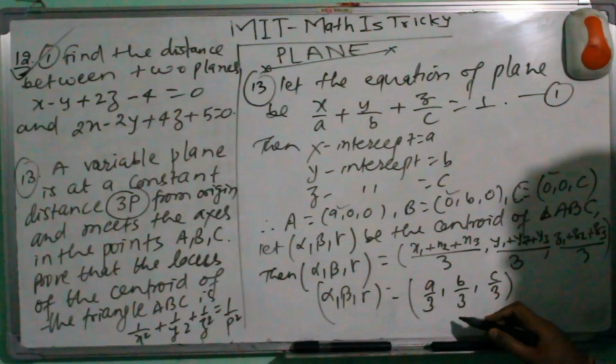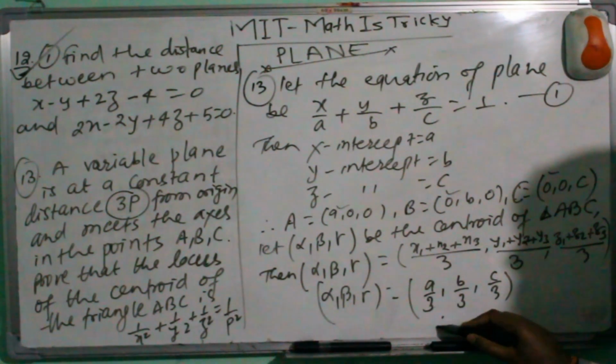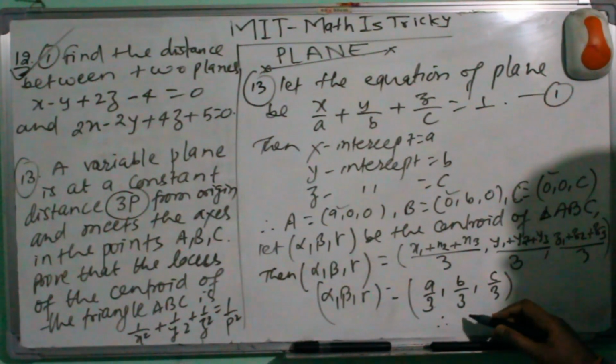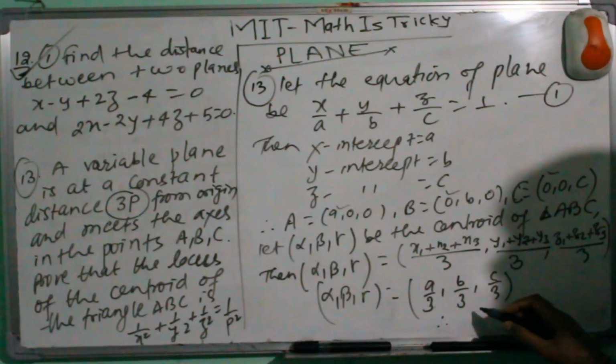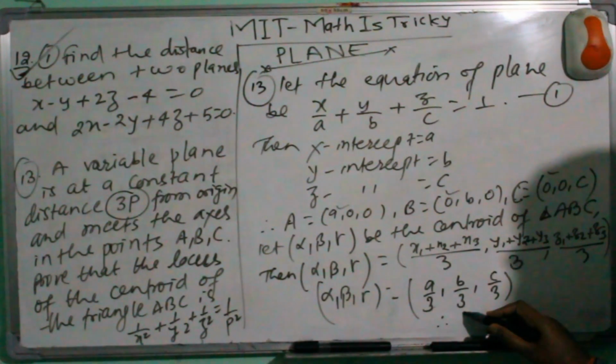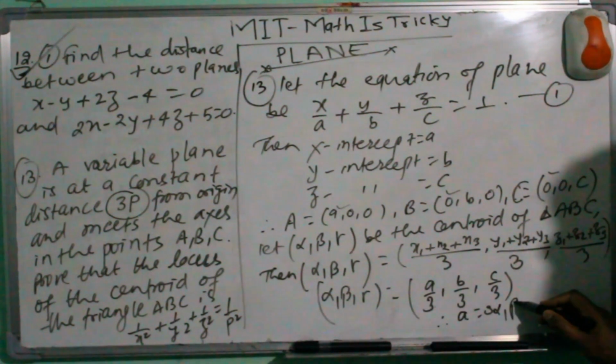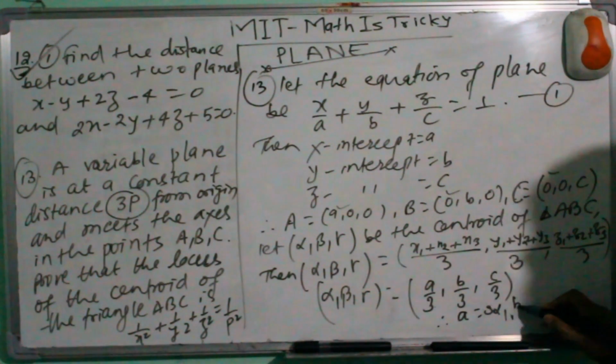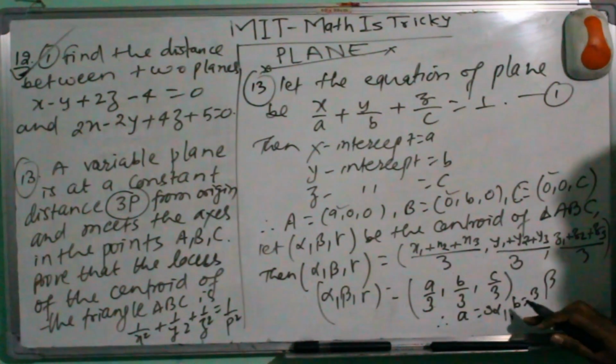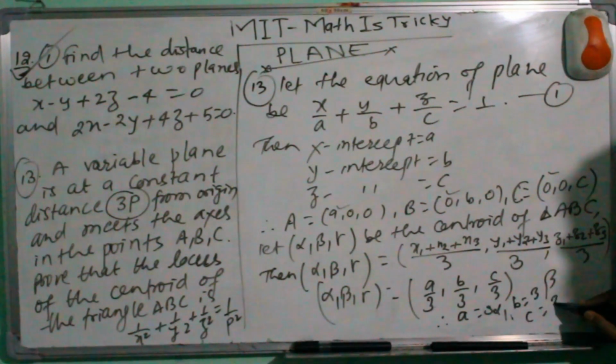Which gives alpha equals a by 3, so a equals 3 alpha, b equals 3 beta, and c equals 3 gamma.